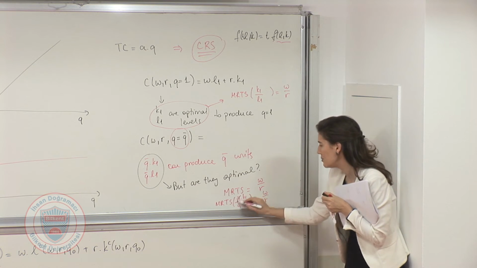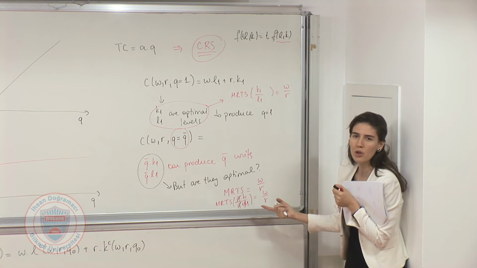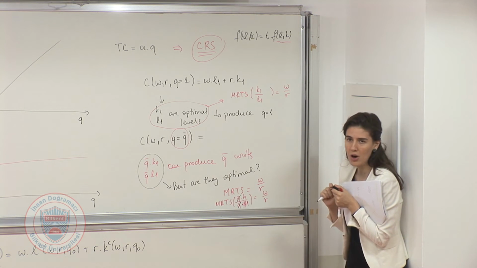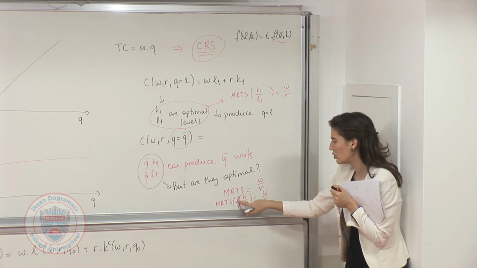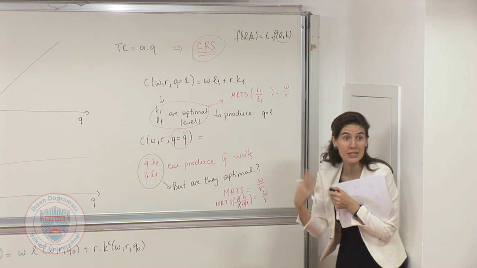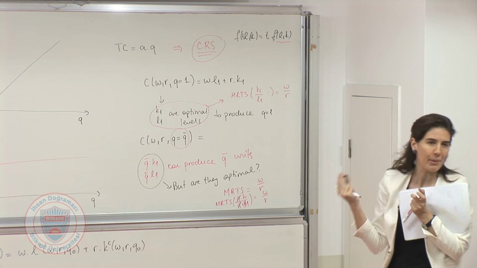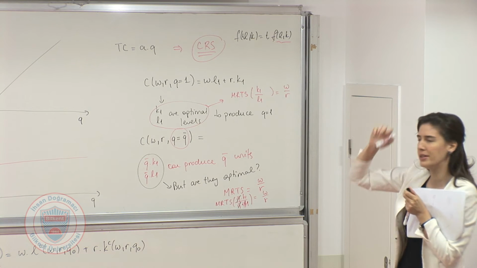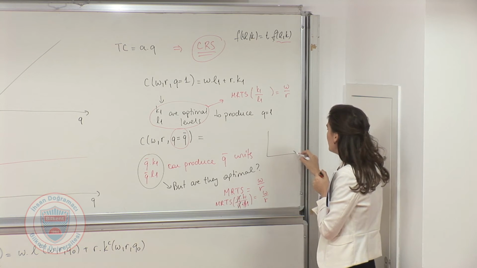Yes, because these will cancel out, and we would only be left with the ratio. So Q bar times K1 and Q bar times L1 would satisfy the optimality condition, because the MRS, remember, was the same, no matter, if it's homothetic.